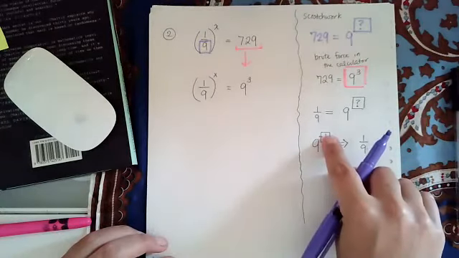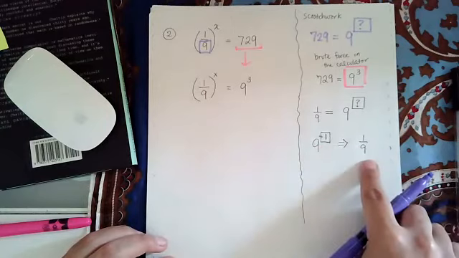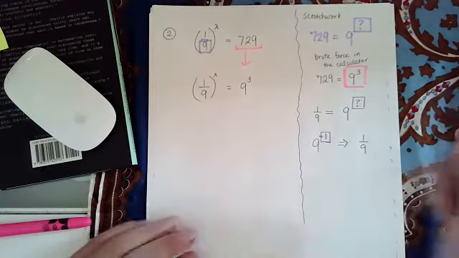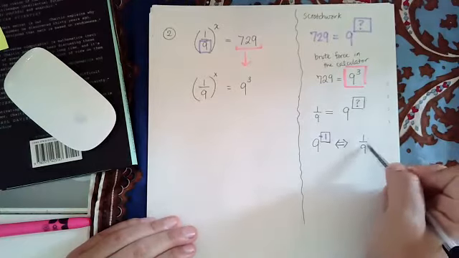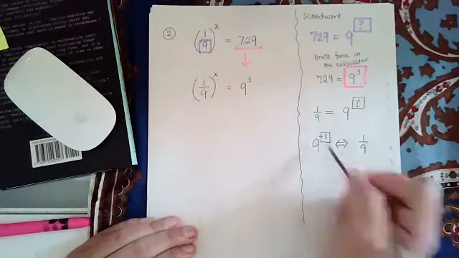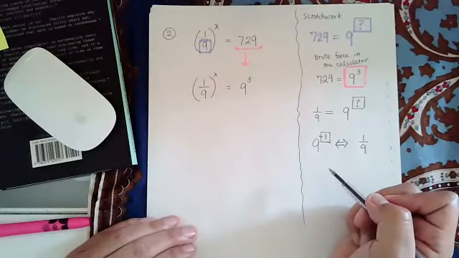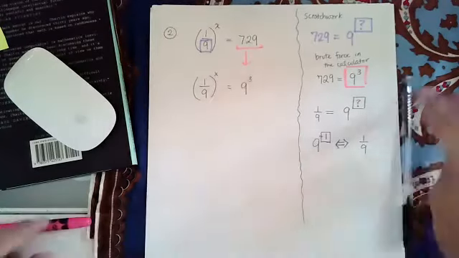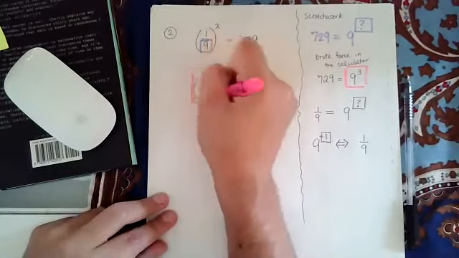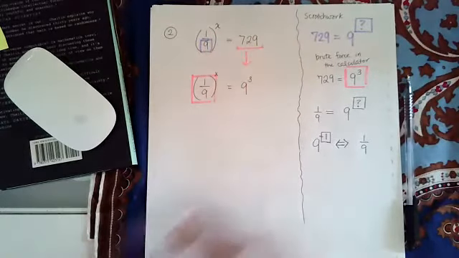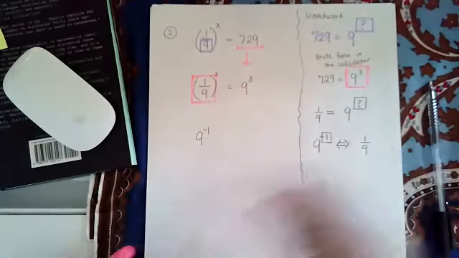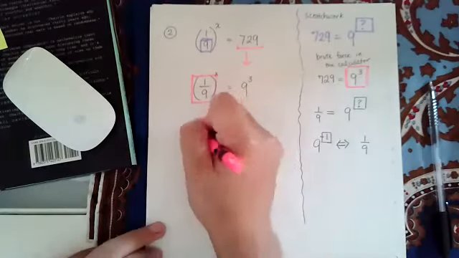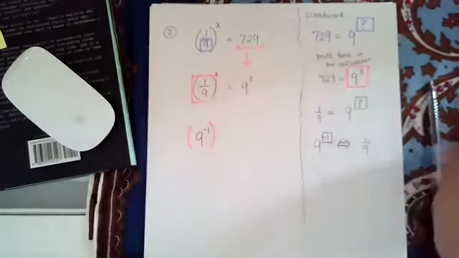So remember, a -1 exponent flips the base to its reciprocal. And that means that really that goes both ways. So if I have 1/9, I could write that as 9 to the -1 power. So I can take this expression here, 1/9, rewrite it as 9 to the -1 power, but I would still have this x as my exponent.